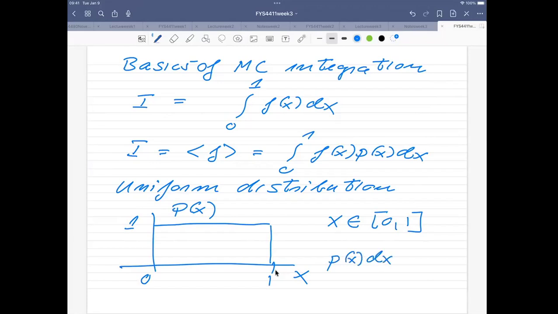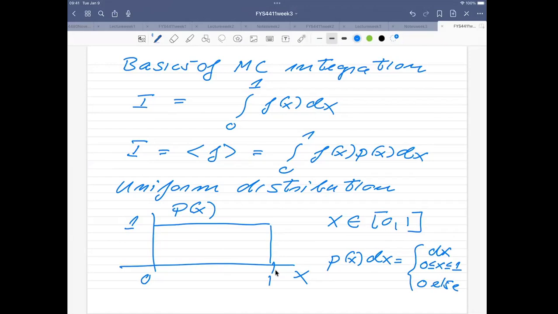If we write it out, the uniform distribution is p of x equal to 1 when x is between 0 and 1, and 0 otherwise. This is a pretty simple definition of the distribution.